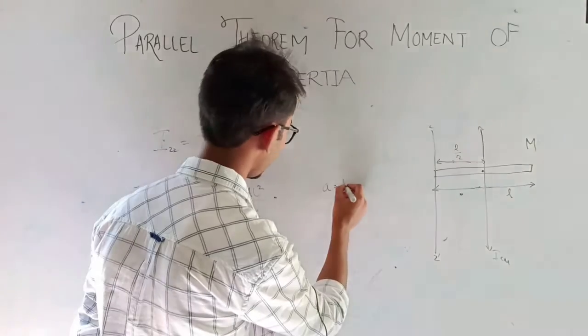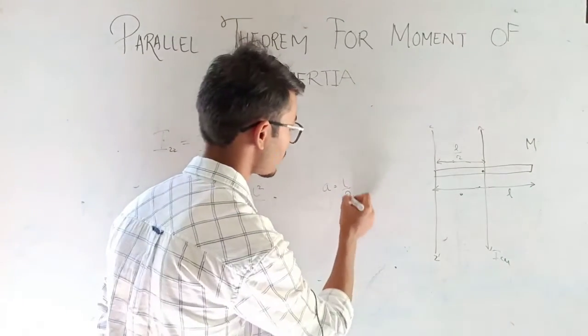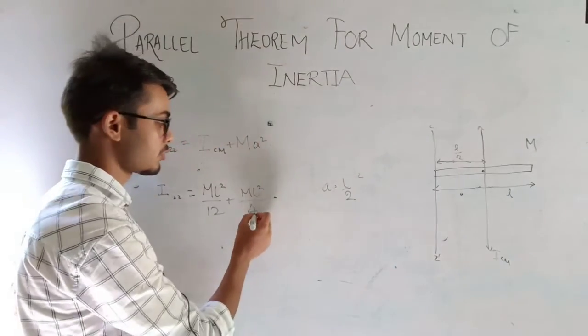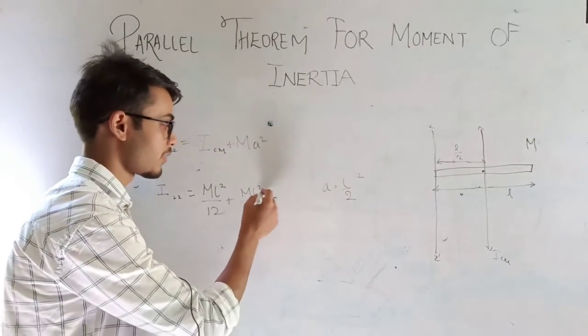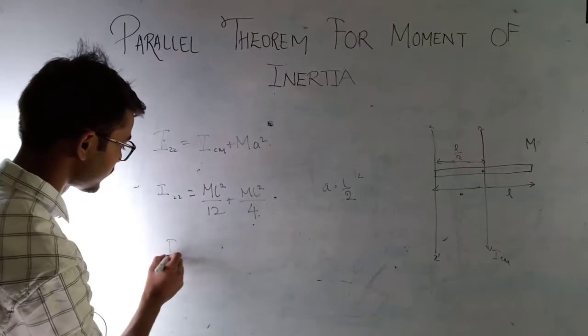Here a equals L by 2, and we square this, so L by 2 squared becomes m L square by 4.